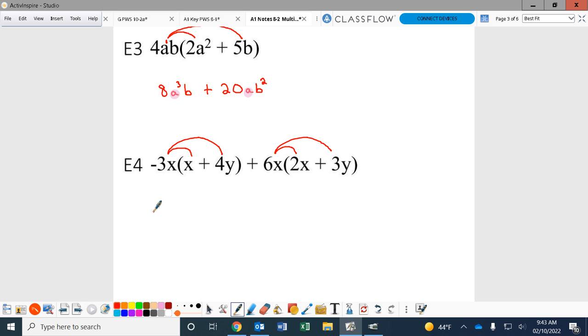That's going to make it negative 3x to what power? 2. 2, good. A 1 and a 1 gives you a power of 2 when you add those exponents. Then it's going to be minus, guys, because a negative times a positive is a negative. And 3 times 4 would be 12. And then, guys, since they're different variables, all you do is just put them next to each other in order. X, y. That's it.